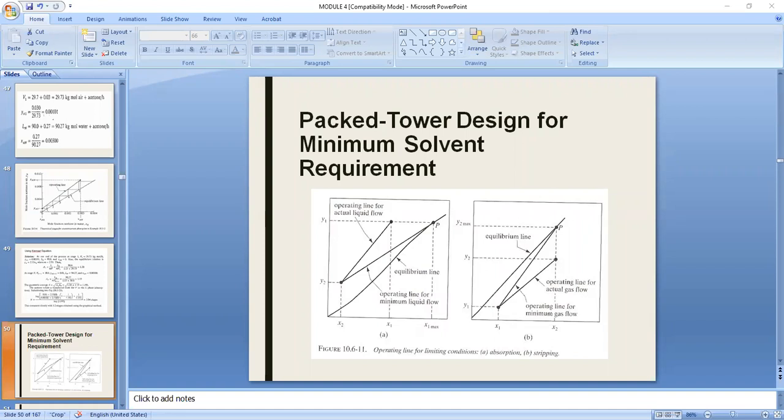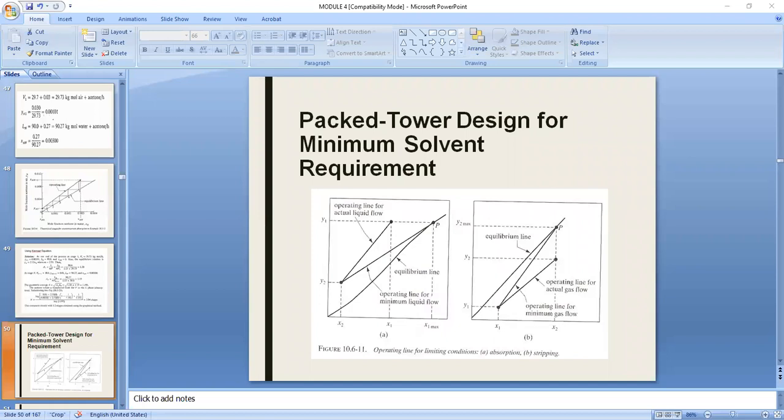This Y1, remember, is the mole fraction of the feed gas. So you move it horizontally to the equilibrium curve. That will help you determine the X1 maximum, the maximum amount of solute that your liquid solvent is able to carry at the minimum solvent requirement.